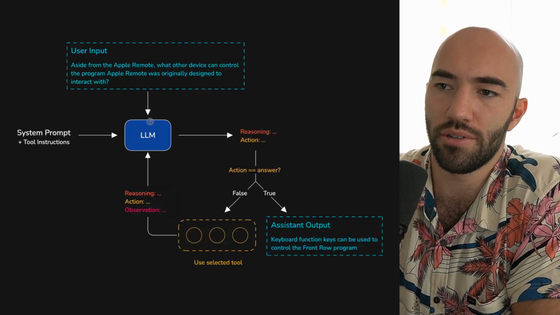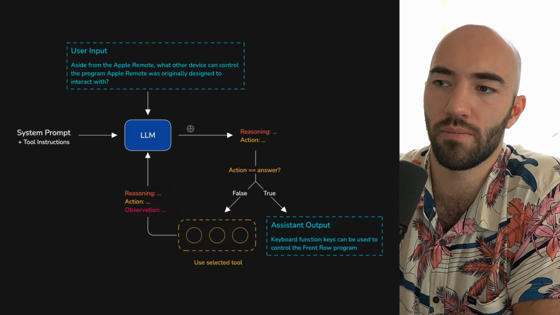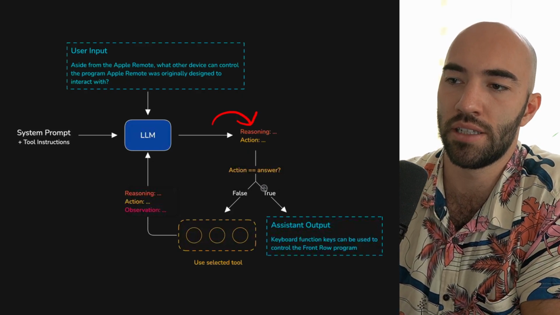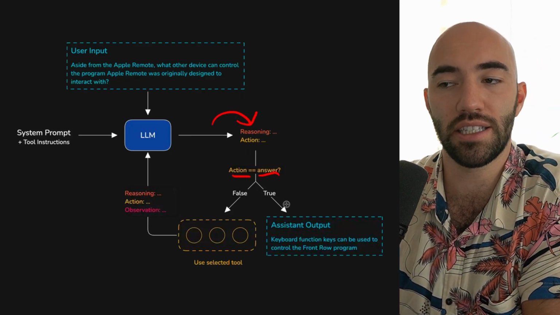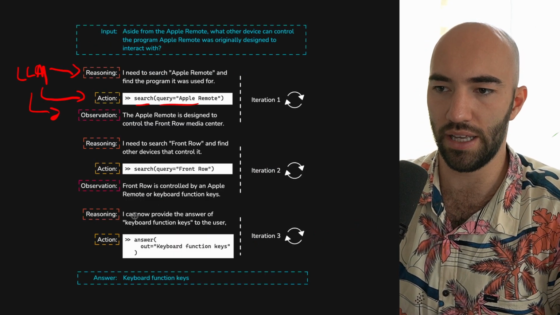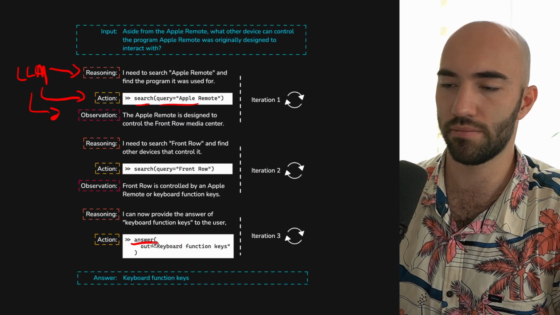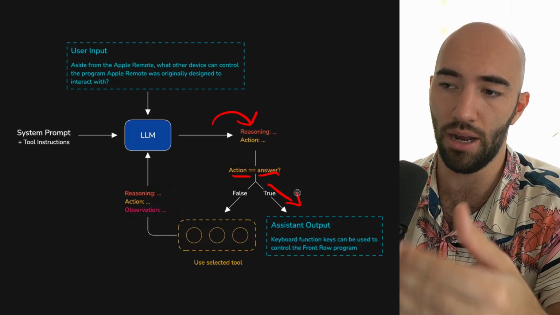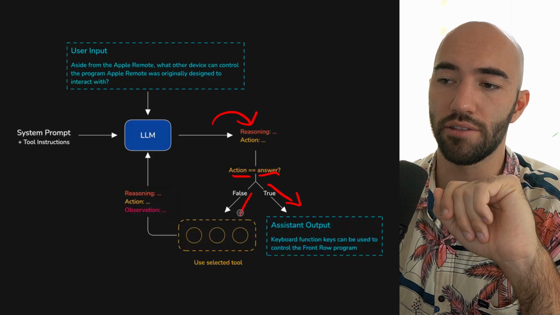So we have our user input, which goes into our LLM, and then we move on to the reasoning and action steps. Is the action the answer? If the action is the answer, we would just go straight to our outputs. Otherwise, we're going to use our selector tool.